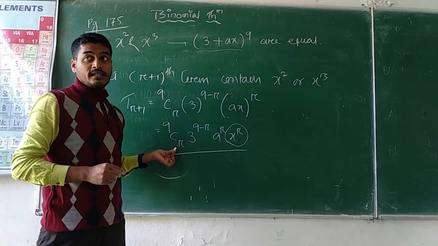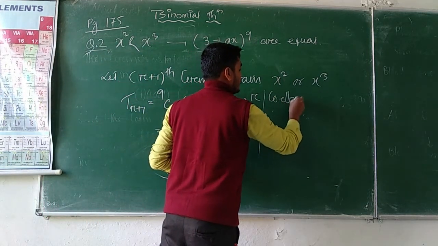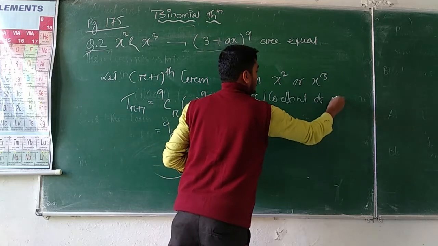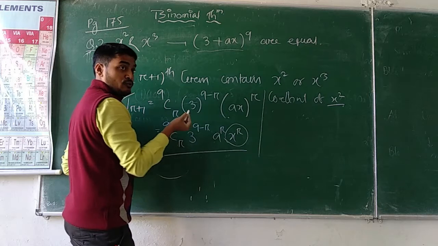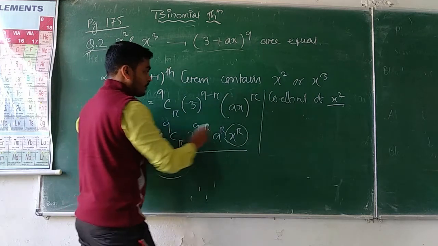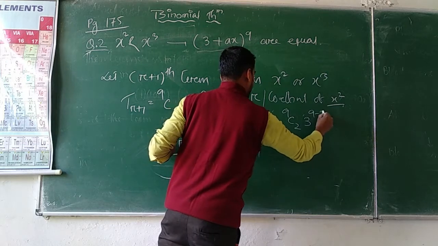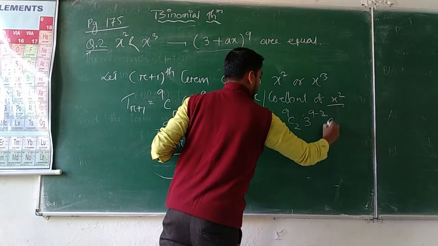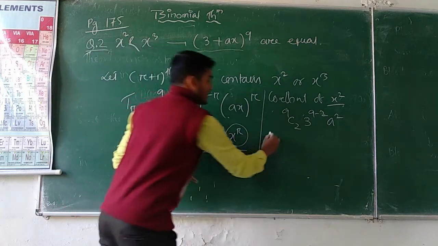So the coefficient of x square will be 9C2 into 3 to the power 9 minus 2, a square.